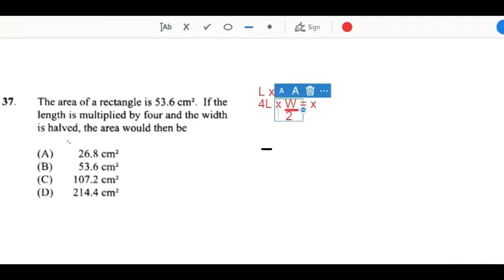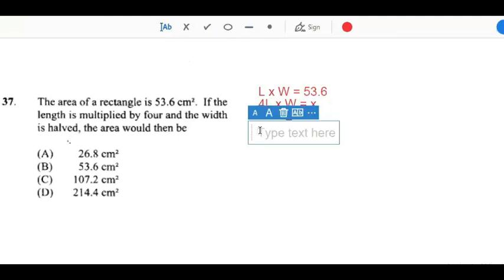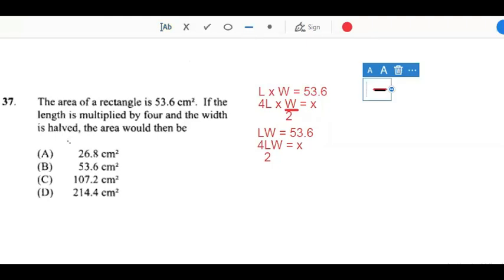So we're now trying to solve what x is. We know length multiplied by width equals 53.6, and 4 length times width divided by 2 is equal to x, and we're solving for x right here.